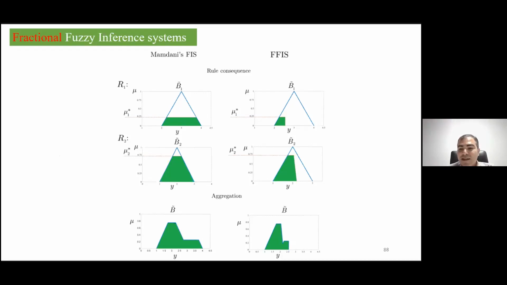And in the next slide, we would like to show the output fuzzy sets of these two FISs for these two rules by varying the truth degrees of the antecedent parts.